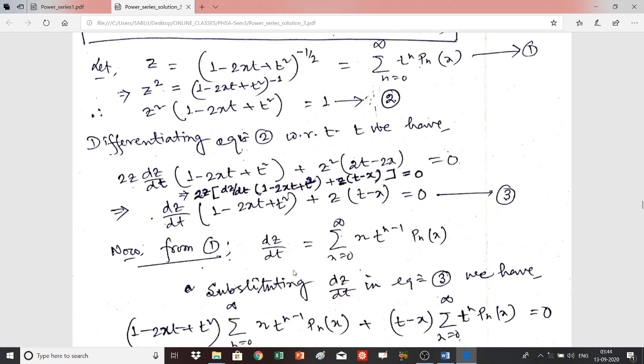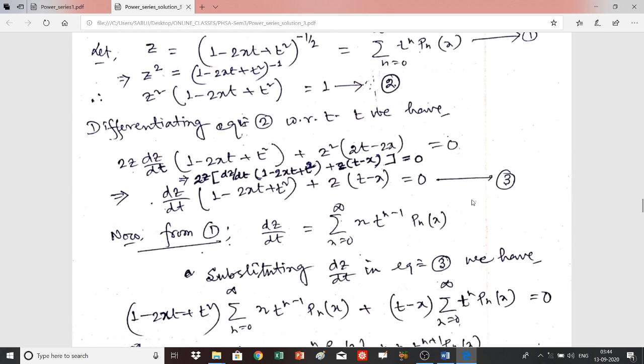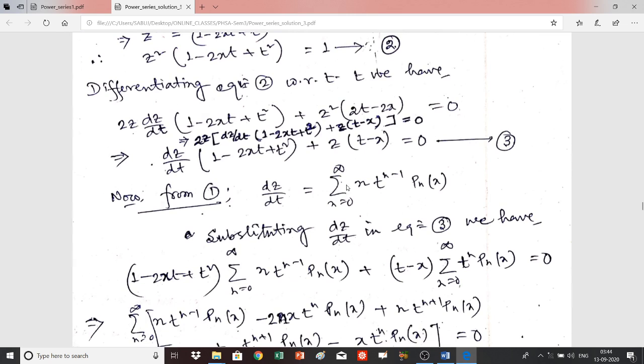Now substituting this value of dz by dt in equation number 3, what you will have: the first term is (1 minus 2xt plus t squared) times the sum over n equal to 0 to infinity of n t to the power n minus 1 Pn(x), and the second term plus (t minus x) times z, which is the sum over n equal to 0 to infinity of t to the power n Pn(x), that is equal to 0.